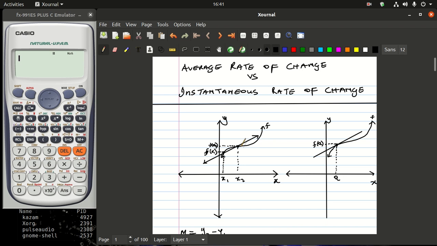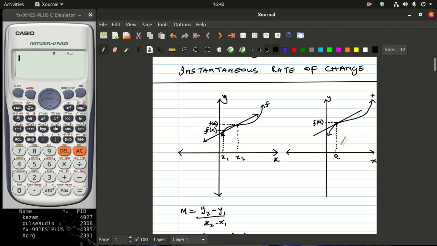Instantaneous means you have only 1 point on the function. This line touches the curve at that point once, but if you look at this other line, it touches here and there, and if we continue, even there. What is important is that here we have 2 points, and here we have only 1 point. That is the main difference between these two.